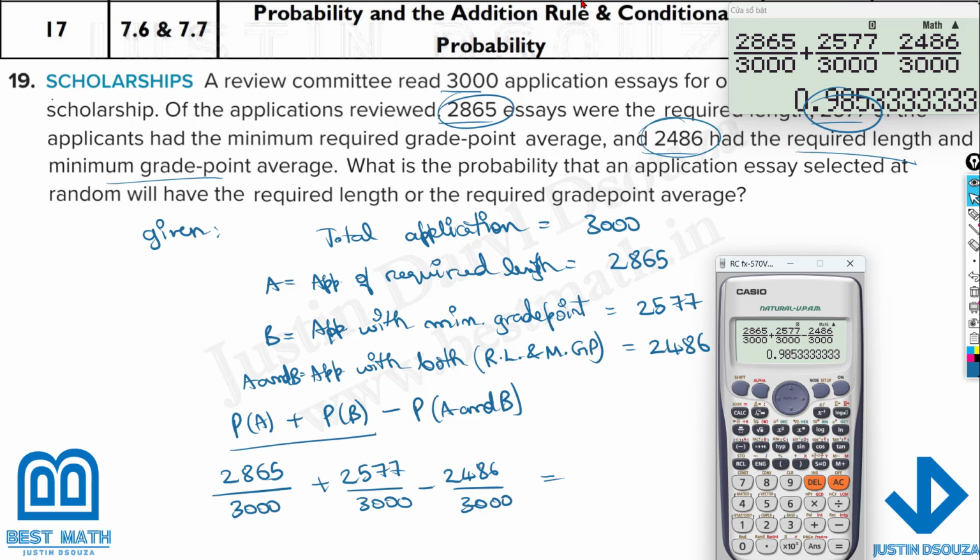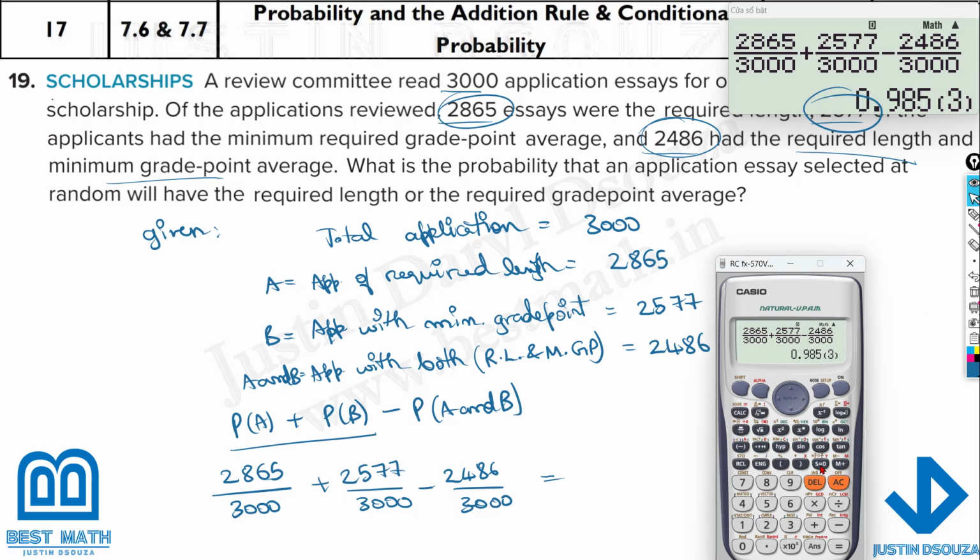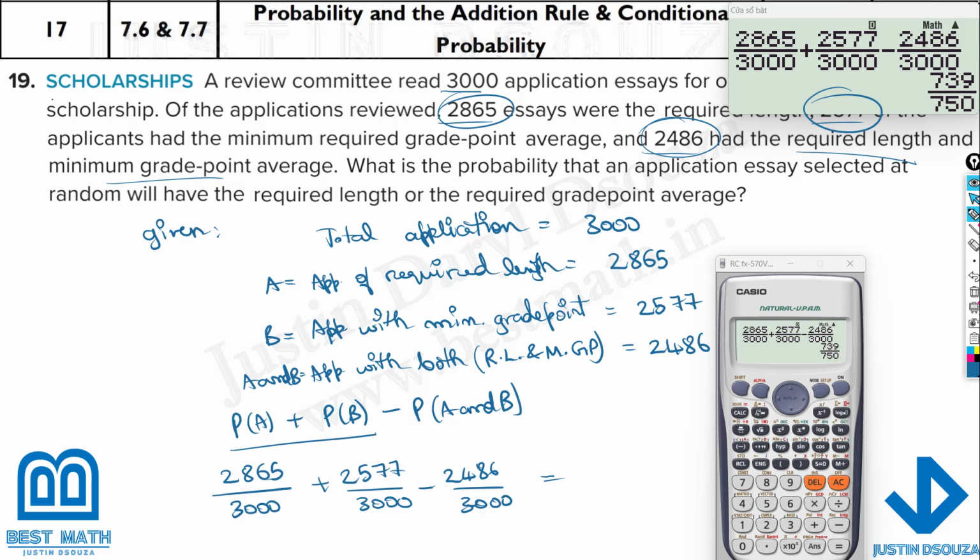Since it's the writing exam, you can write it like this or you can write in percentage. It's up to you. If you write this as the answer, you must get full marks. This is the correct answer itself in fractions. But I would suggest you write it in percentage as well.